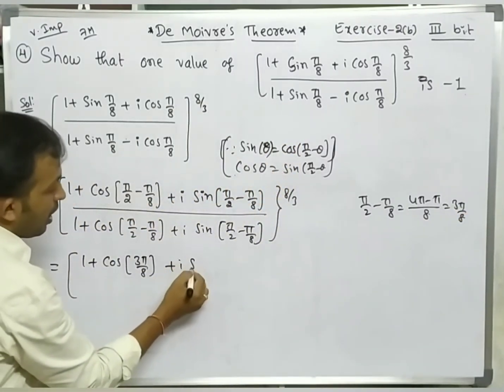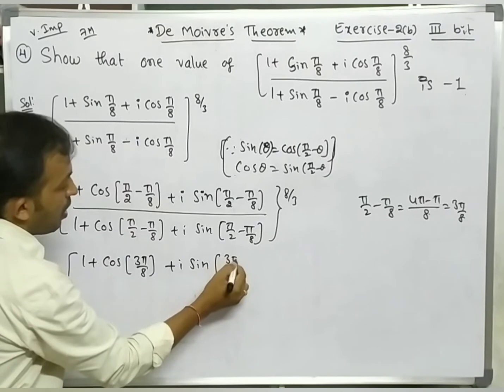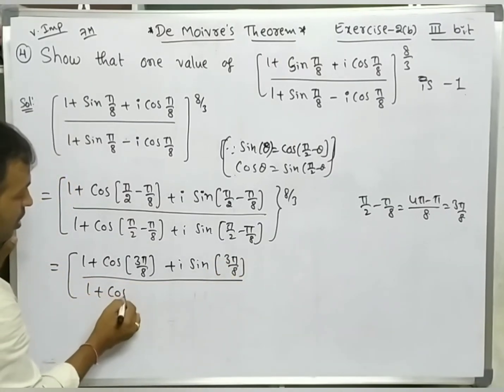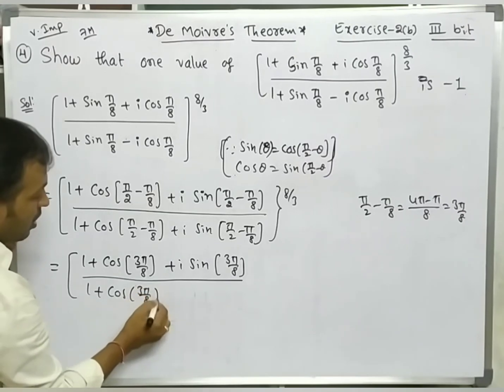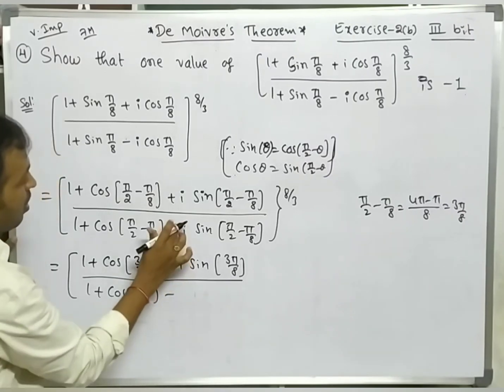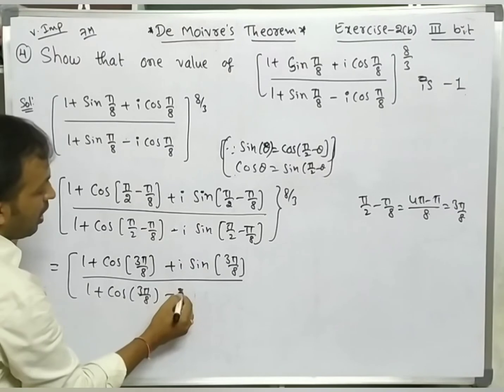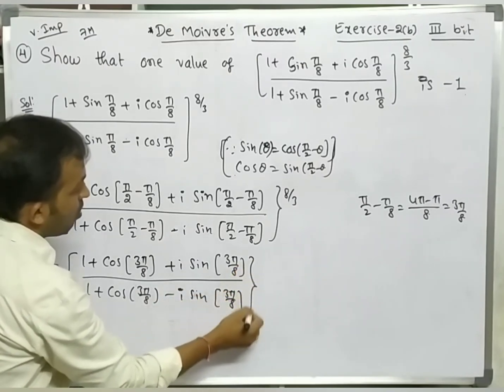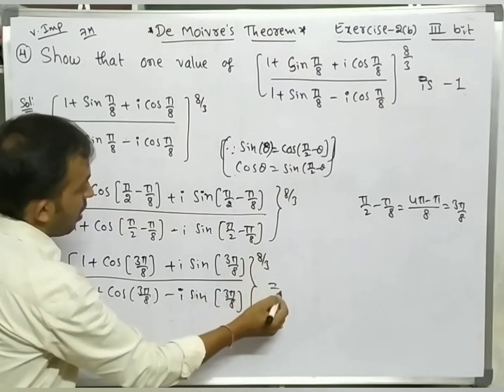Okay, plus i sin 3 pi by 8, by 1 plus cos 3 pi by 8, here minus i sin 3 pi by 8, whole to the power of 8 by 3.